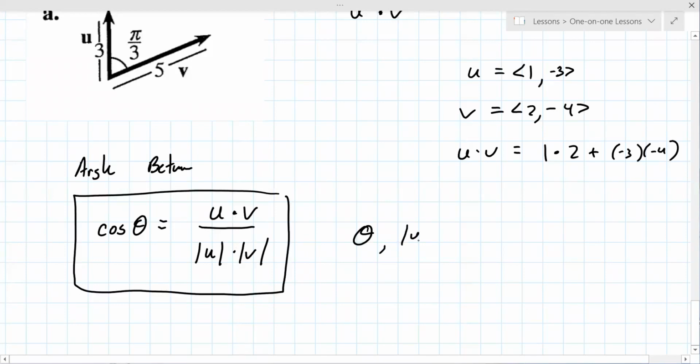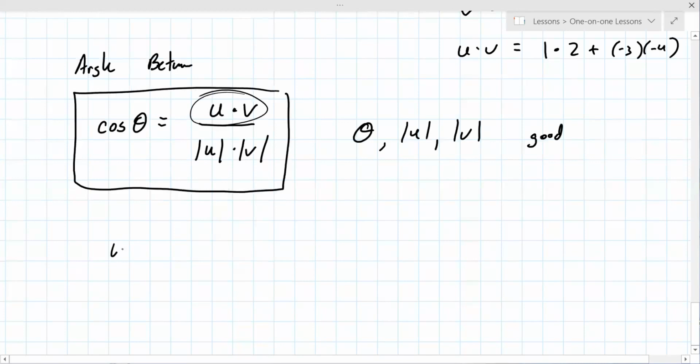But if you know the magnitude of U and the magnitude of V, you're good, because what they're essentially asking you to solve for is the numerator. So U dot V is cosine theta times the magnitude of U times the magnitude of V. In your problem, theta is pi over 3.